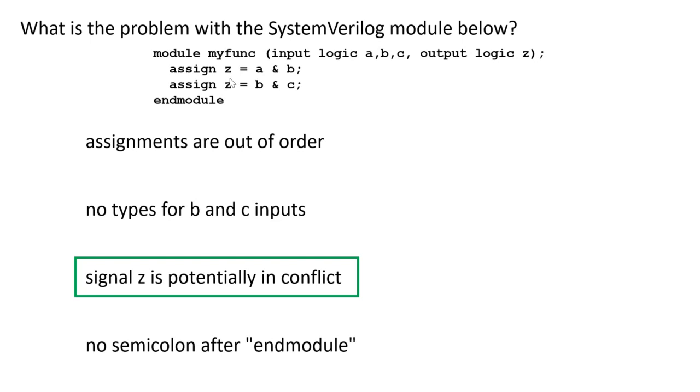Now I mentioned that there is a way you can get around that using the high impedance value. So I could use a ternary operator in here and have a design where only one of these lines of code assigns a 1 or 0 to Z, and when that happens, the other one will be assigning Z the high impedance, and that would be okay.